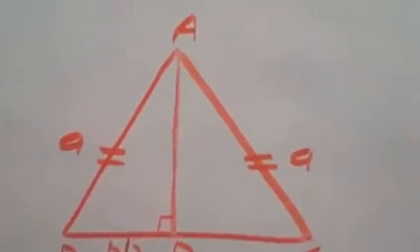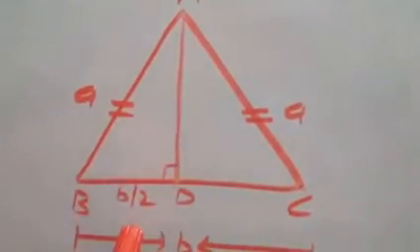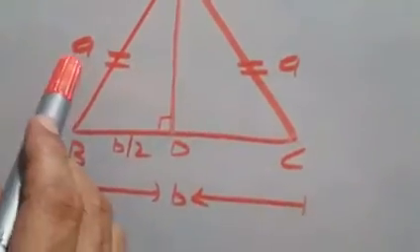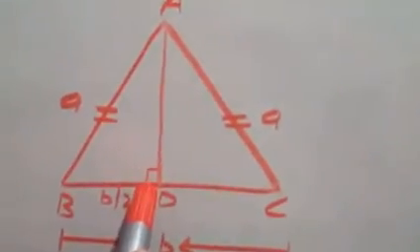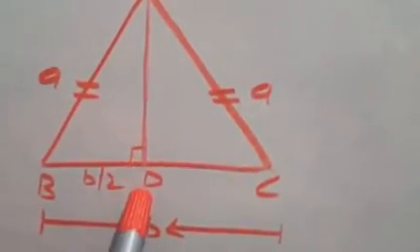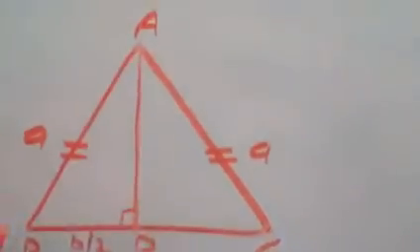Now here I am going to find the area of an isosceles triangle. So this is ABC, an isosceles triangle in which two sides are equal, denoted by A, and here the base is B. If we draw the perpendicular, the perpendicular acts again as a median, so this distance BD is B by 2. Now in triangle ABD, h square is equal to p square plus b square.